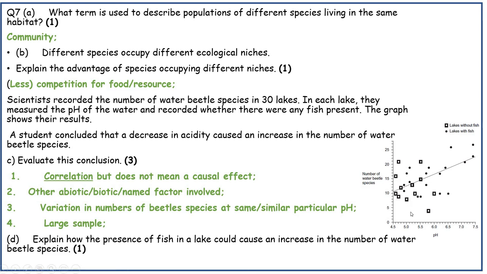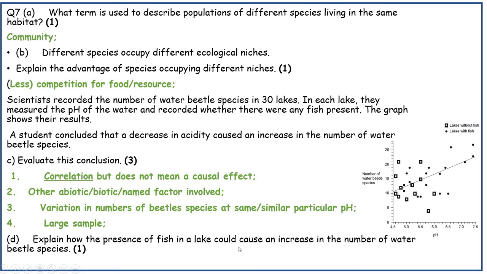So you can see here at pH sort of 5.5, there's 8 there, and then there's sort of similar ones at 15 there, 20 there. So at the same pH, there is quite a lot of variation. It's not a very strong positive correlation. And it's good because they've used a large sample size.